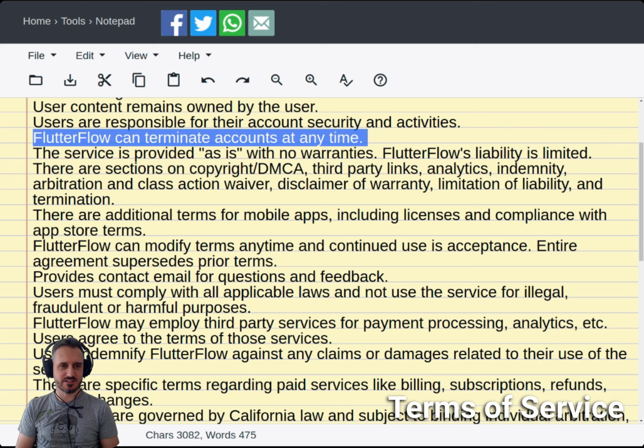And then Flow can terminate accounts at any time. I think this is also normal, and I think this is also in every single website.